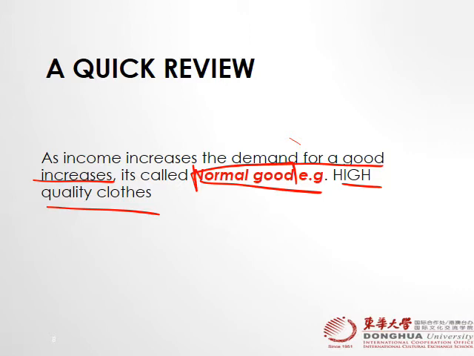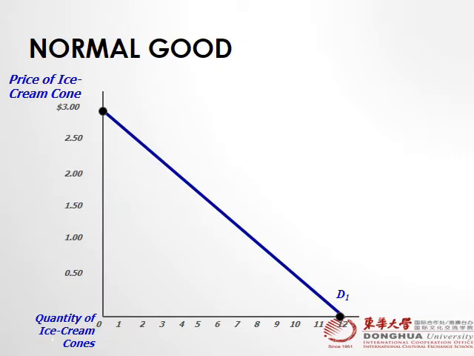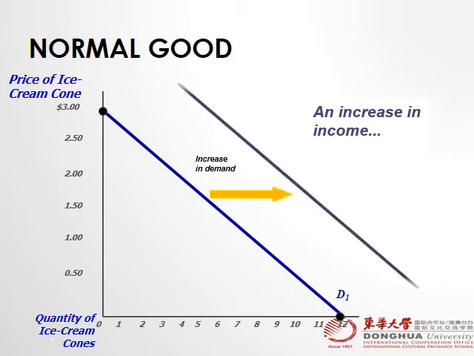Your income rises, you prefer to eat at a renowned restaurant, so demand for that restaurant is a normal good. If your income rises and you shift your demand to the right, we call that a normal good.